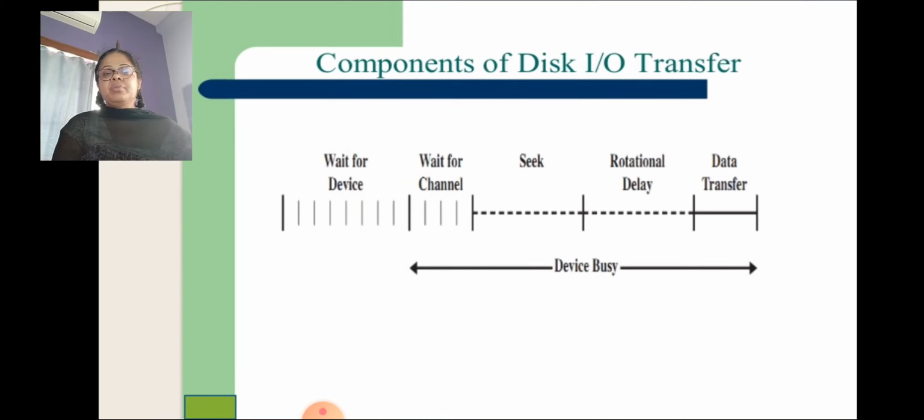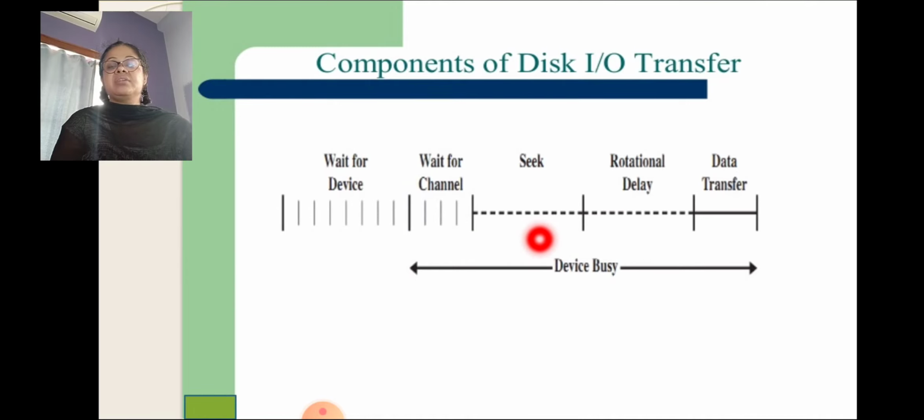This is the component of disk transfer, shown in a diagrammatic representation. First there is the wait for the device, then the wait for the channel. Once those waits are over, there is the seek time.